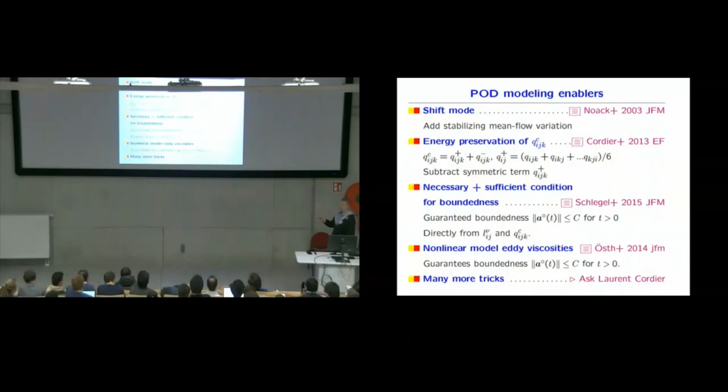So the shift mode is one possibility. Essentially, this is a difference from the steady solution to the mean flow. Now, there's another aspect which Steve has mentioned. You can derive from the Navier-Stokes equation, from most boundary conditions, that the quadratic term should be energy conserving. That said, it's energy conserving if the contribution at every instant to the whole fluctuation energy is 0. And you can show that this coincides with another condition.